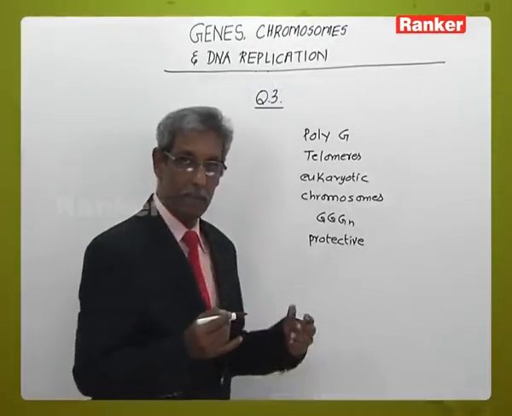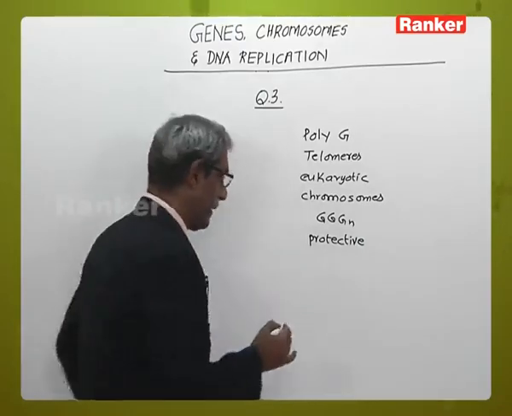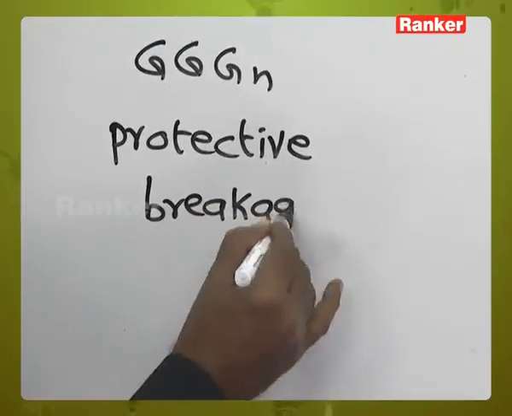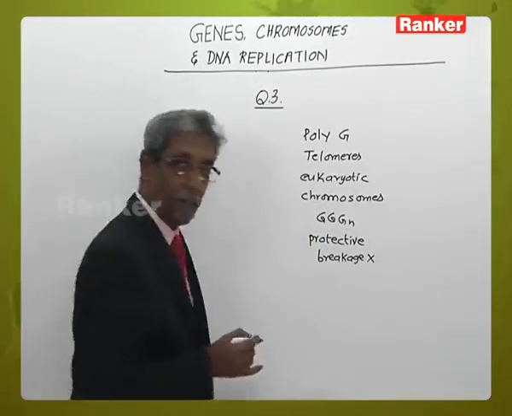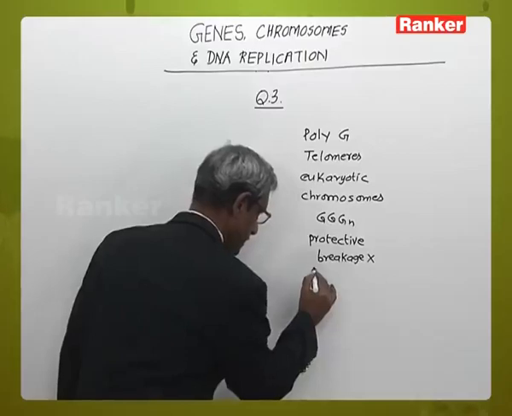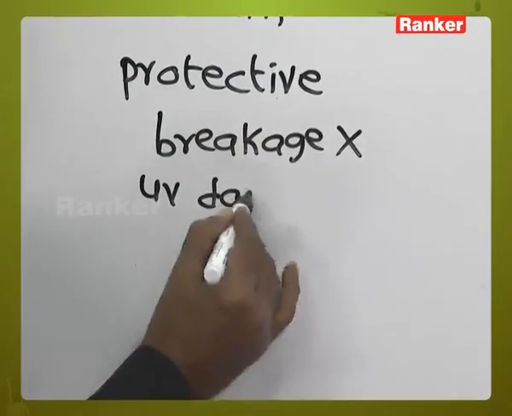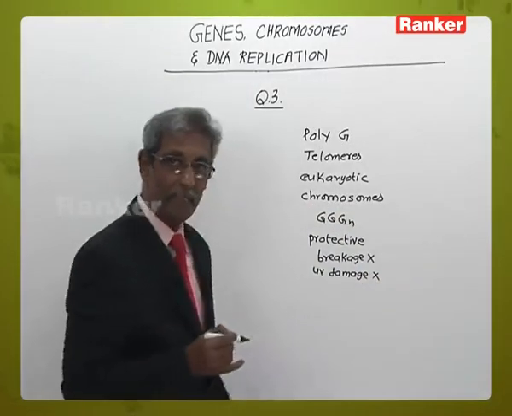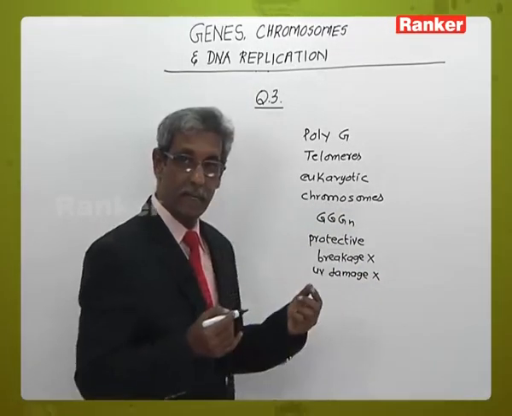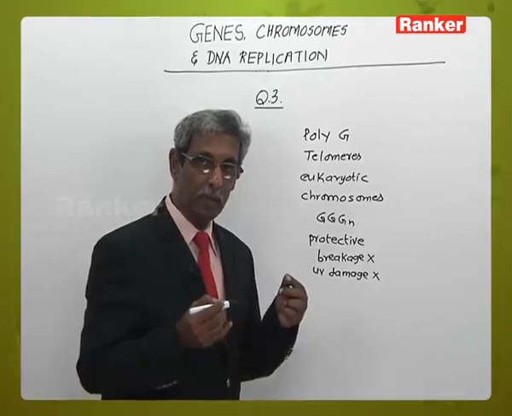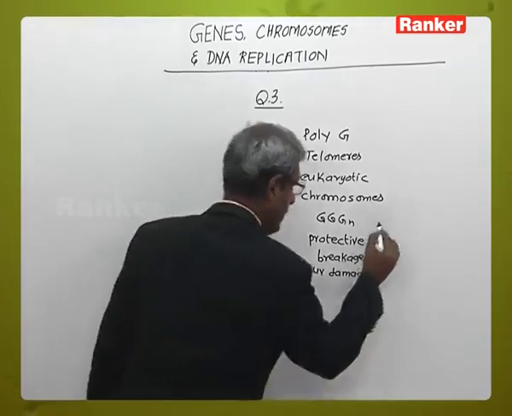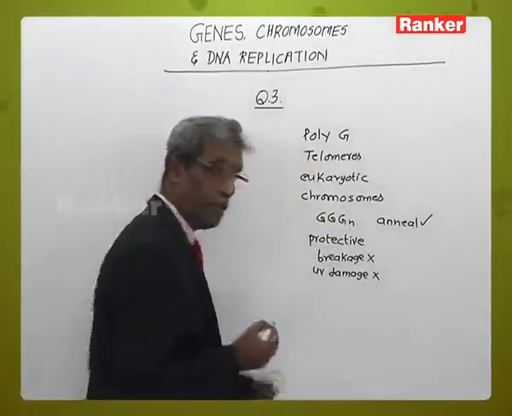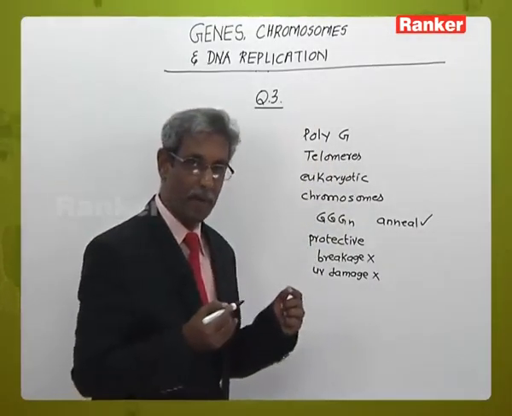The Gs prevent the chromosome from breaking, so there is no breakage, and it protects it from UV damage. Because of the presence of Gs, the chromosome will normally anneal; that is, the parts will join together if there are any broken parts.